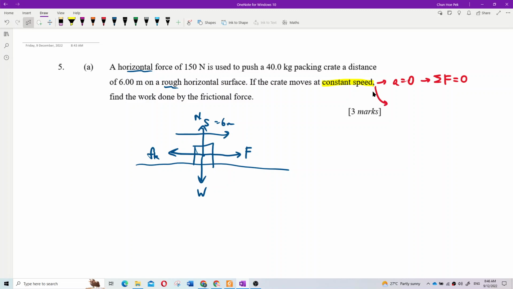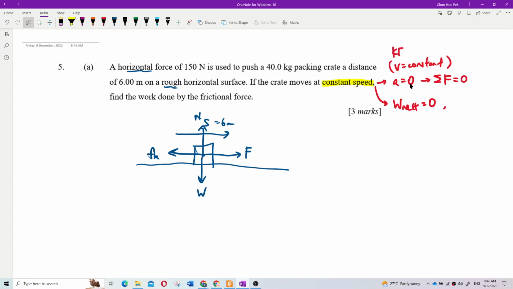The other thing we know is that the net work done is also 0. Understand? Because why? Velocity is constant, acceleration is 0, so that means the kinetic energy is also constant. Understand?